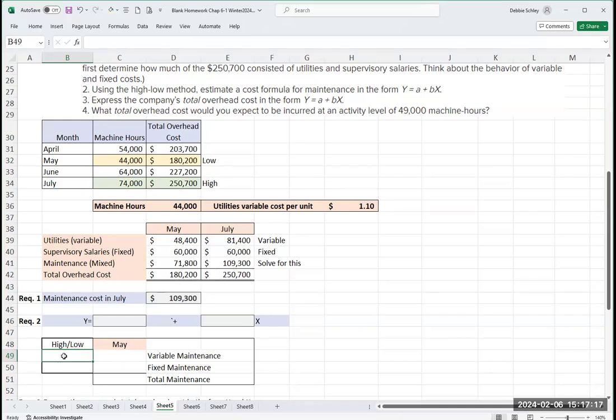So maintenance equals my high, which is July, minus my low, which is May, and then the machine hours for July minus the machine hours for May.